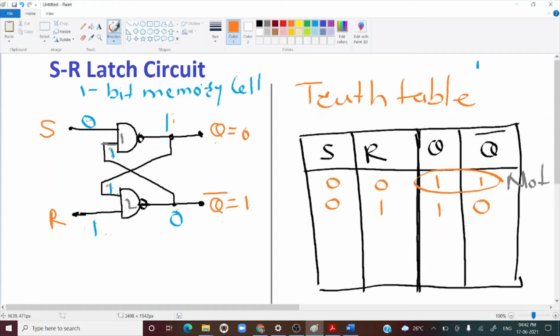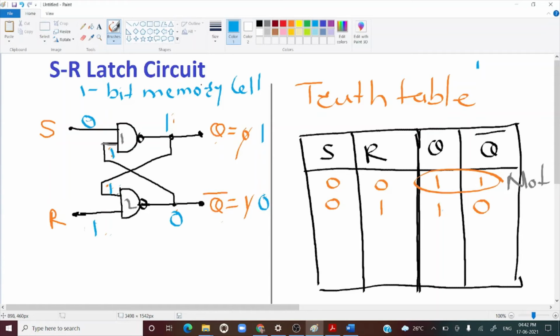Okay. Now we have to consider the previous output conditions, as here assume that previously the Q was 1 and Q bar was 0. We'll assume the opposite outputs, that if you switch on the circuit, then Q was 1, Q bar was 0, and for the same input conditions we have to compute the output.